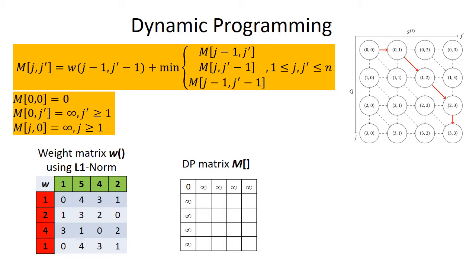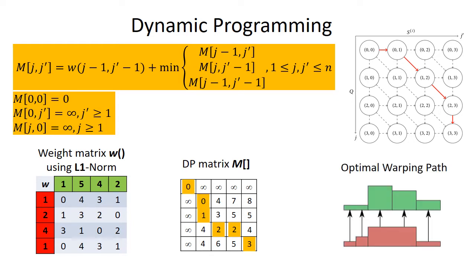Here I also have an example of this computation. Initially the first row and the first column are initialized with infinity, except for the upper left value, which is 0, and then the cost of the optimal warping path is stored in the lower right value. The warping path itself can be reconstructed by a traceback procedure.